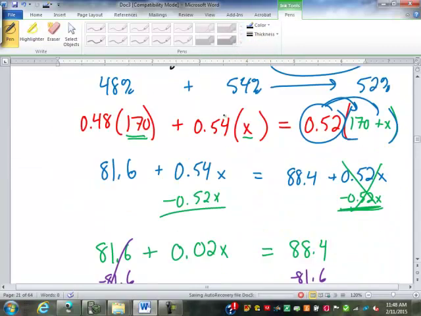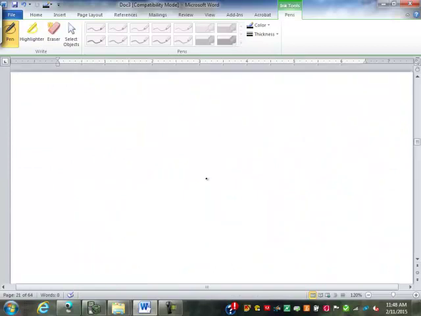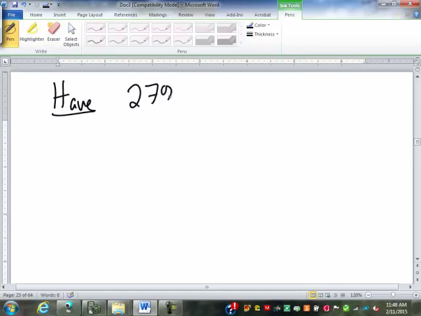Let's do another example. So let's say on hand we have 27% and 42%. We need 33%.